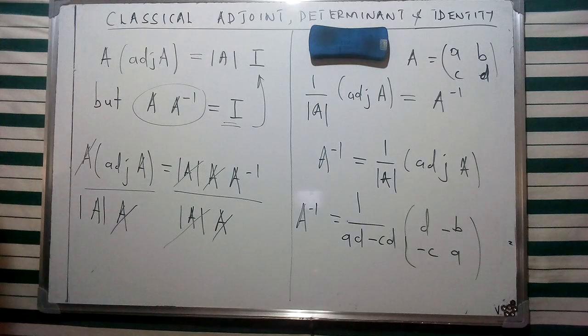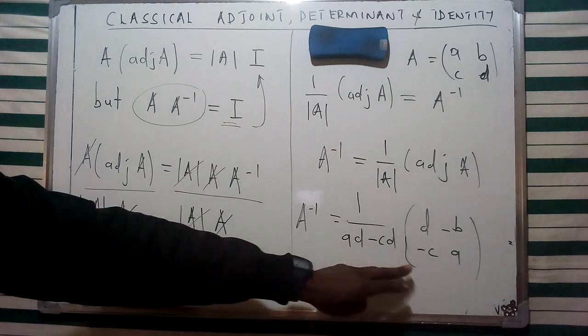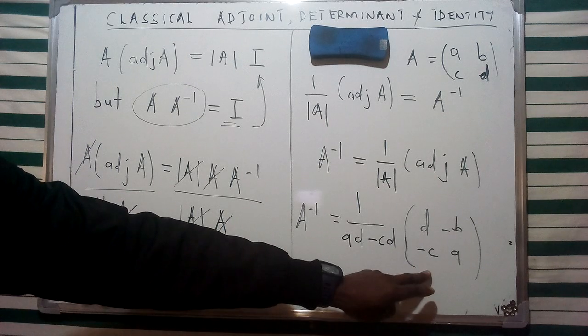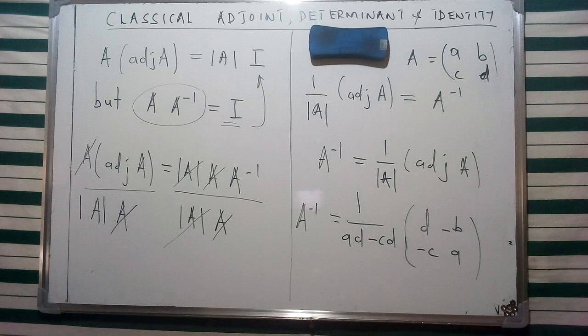So later we're going to see that the specific aspect of this particular second part is going to be a transpose of the matrix of the cofactors.